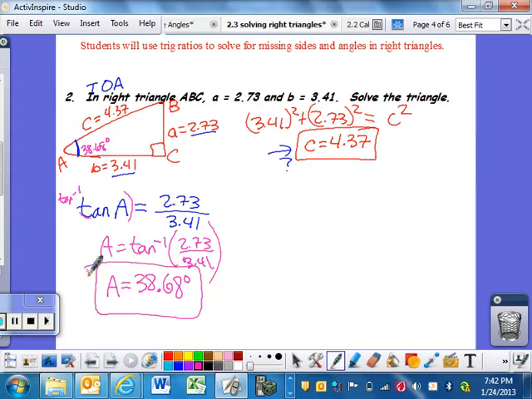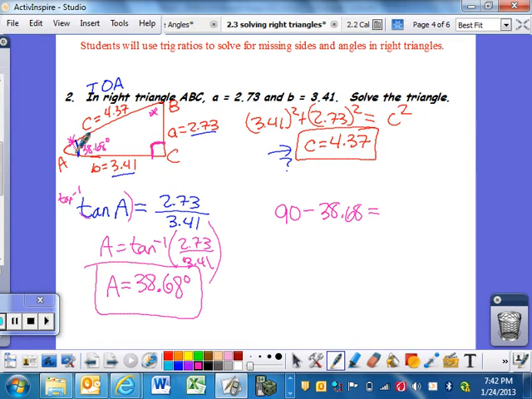You could do the same process and do tangent of 3.41 over 2.73, but why go through all the work when you already know that 90, okay, minus this number, okay, will equal the other one. The reason I say that is 90 degrees is already soaked up here, which means that these two must also add up to 90 degrees to equal your 180 degree triangle.